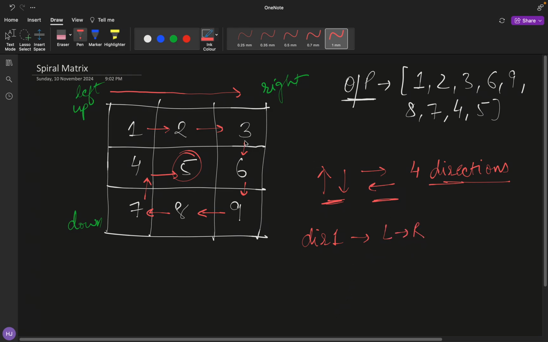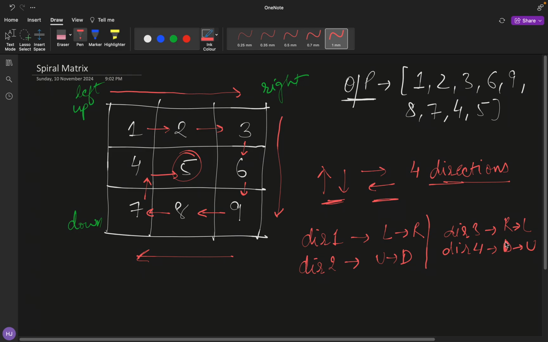After moving from left to right, we are moving from up to down. This is what is expected in the spiral. So my direction two, which I assume to be from up to down. Now let's make out our direction number three, which is from right to left, and the direction number four states our movement from down to up.